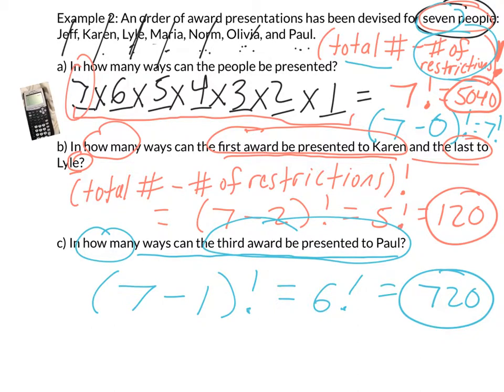So whenever you're counting how many, and you're rearranging all the items in a row, whether it be a horizontal row or vertical row, you can use this factorial formula to get the right answer.